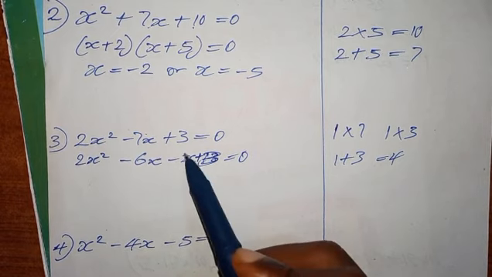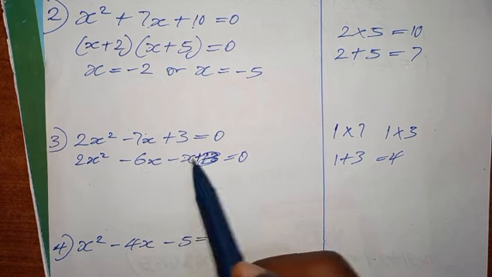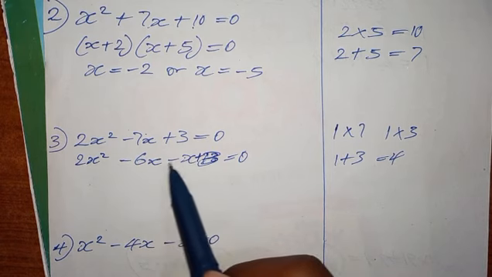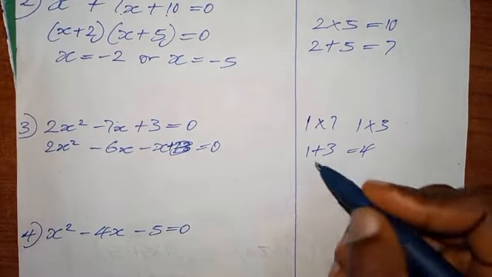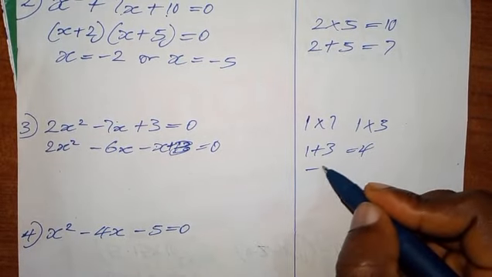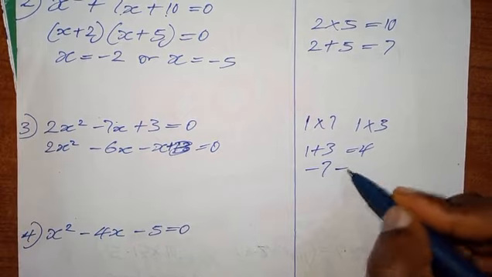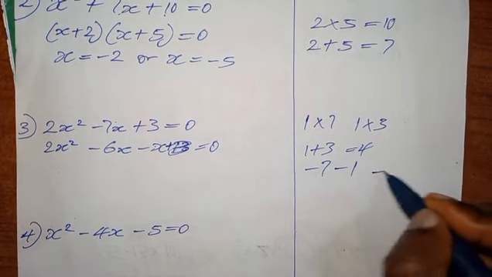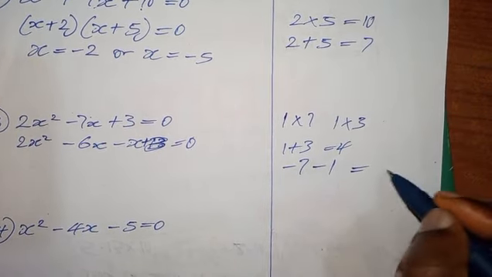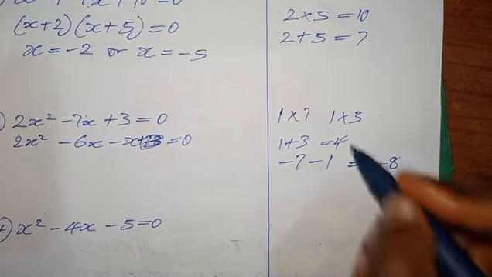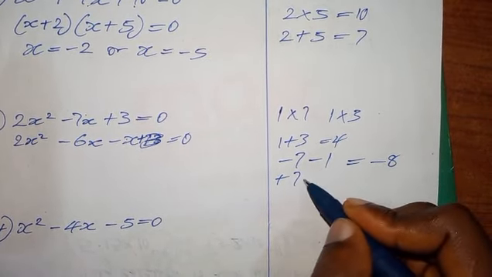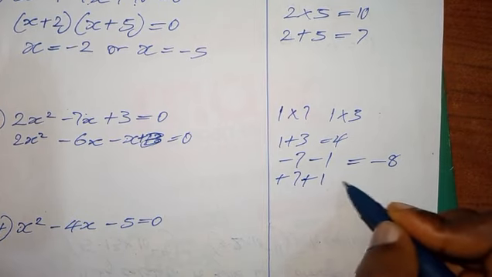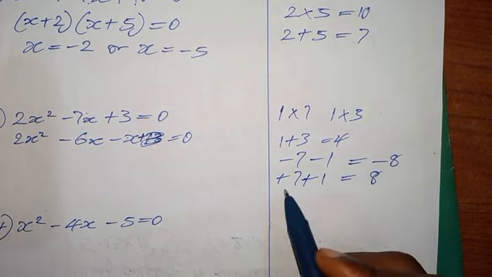This x is 1. I don't want to write the 1 here. Minus 6x minus 1x. Like I said before in one of my videos, minus 7 minus 1 is equal to minus 8, because plus 7 plus 1 is equal to 8.